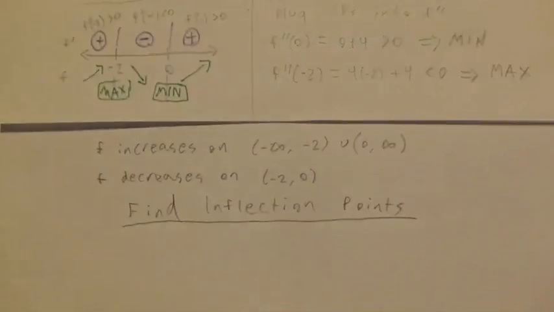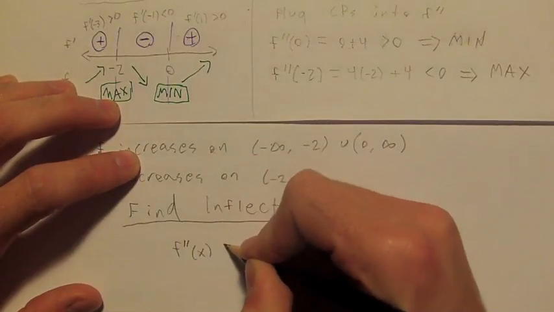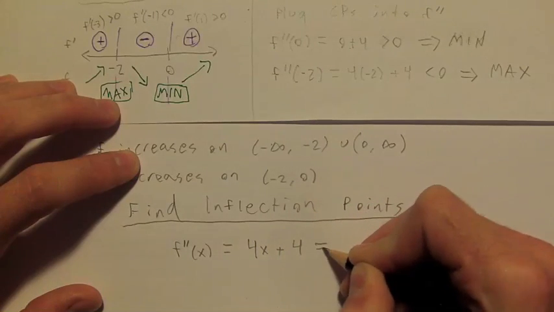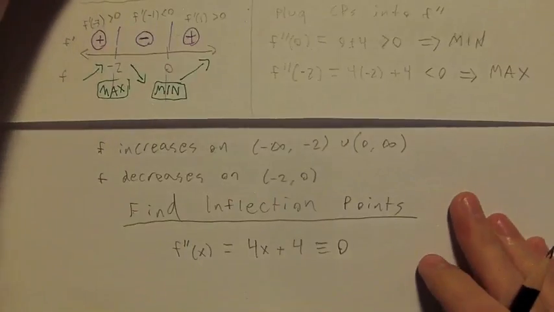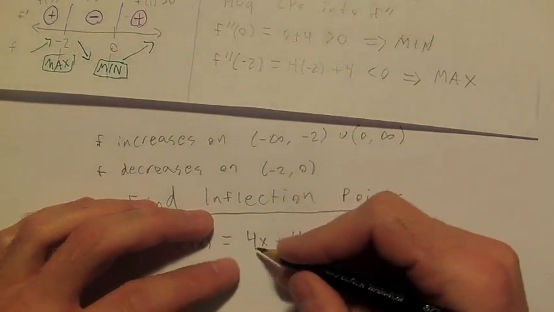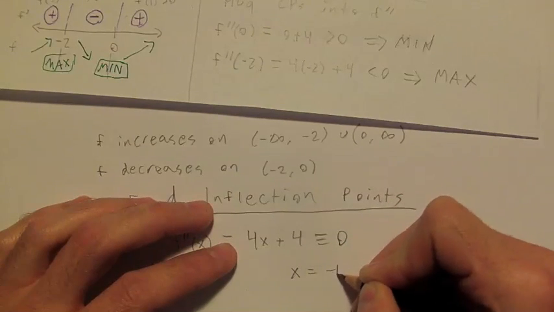So that's what we're going to do. We're going to take f double prime, which I'm just going to write again here, set it equal to 0, solve. Okay, so now that's pretty easy. You move the 4 over, divide by 4, x is going to be negative 1.